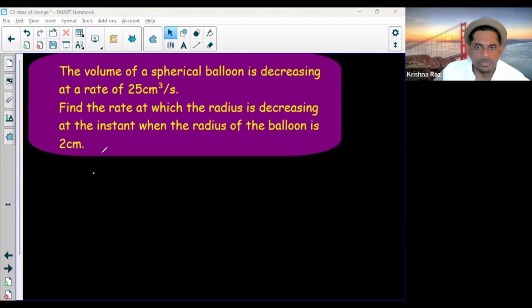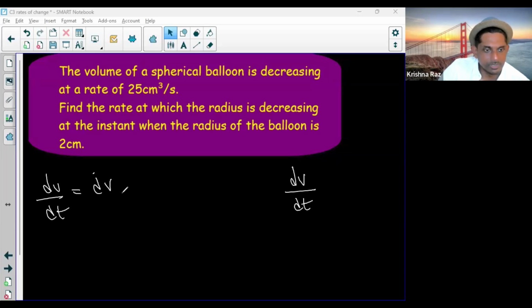So all I'm looking for is 3 letters to start. Volume of a spherical balloon is decreasing at 25 centimetre cube per second, yeah? So that is dV by dt. I'm going to write dV by dt equals, and write that in.